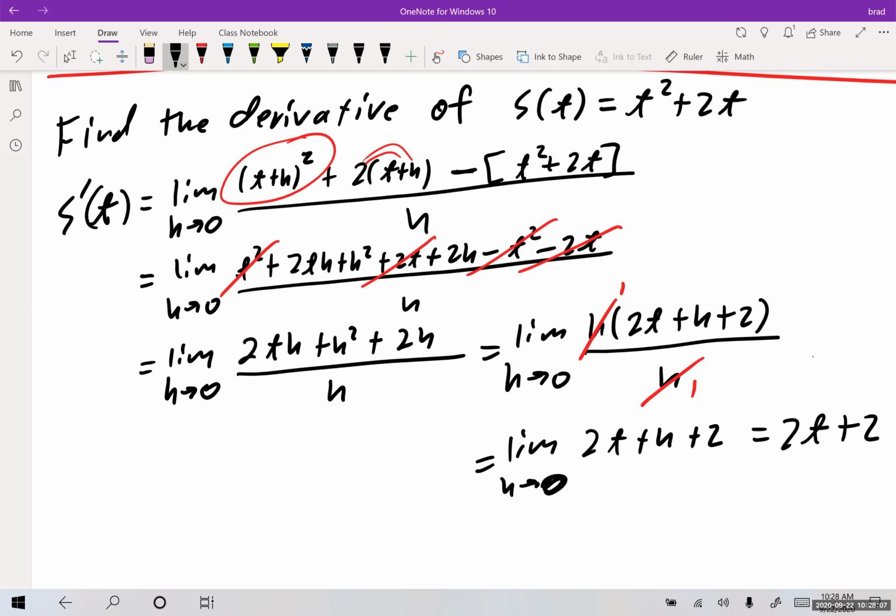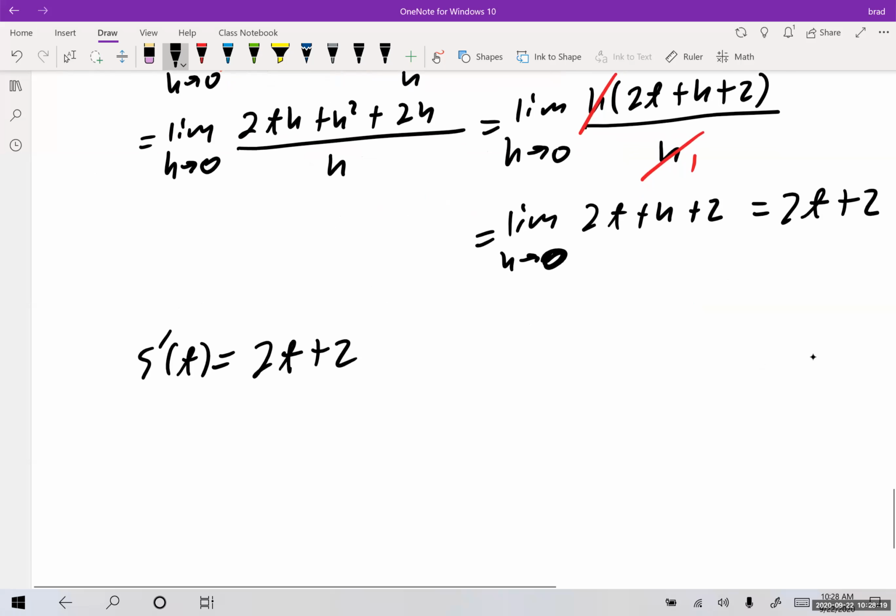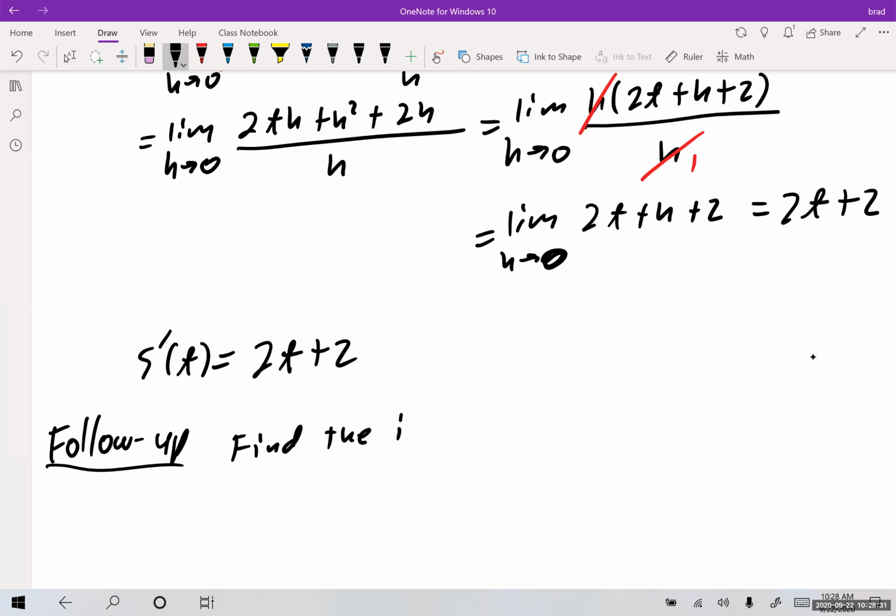Okay, so that means that f prime, or I'm sorry, s prime of t is equal to 2t plus 2. But what if the follow-up question is, find the instantaneous velocity at t equals 3 seconds, okay?